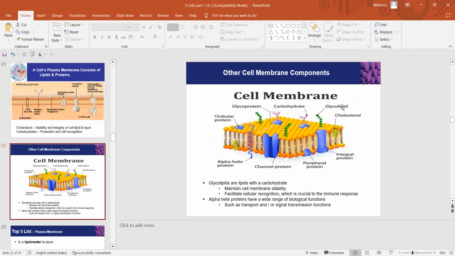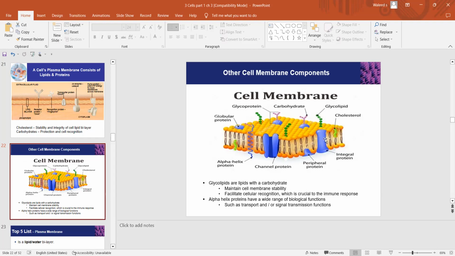Carbohydrates plus lipids. Carbohydrate is like the sugar. Glycolipids mixed together. Here it is for recognition. This is glycoprotein. What does it mean? The blue is protein, and this is glyco, which is carbohydrate. So you have glycoprotein.